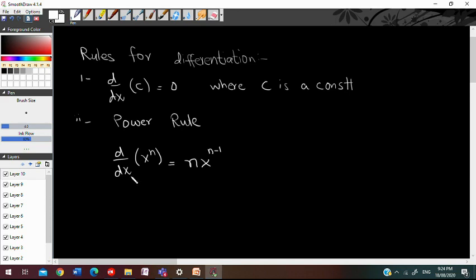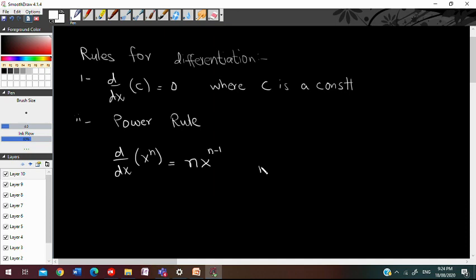When we differentiate this function, we bring this power n to the front as a multiple of the function, and we decrease 1 from the original power. And now this is done.